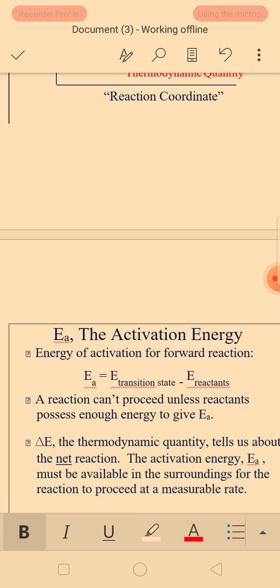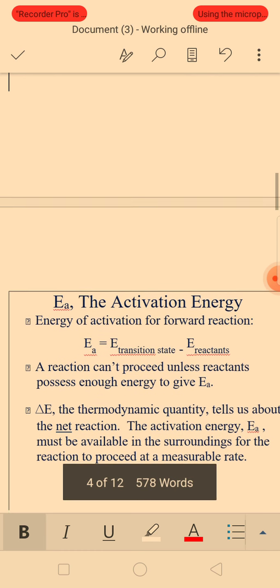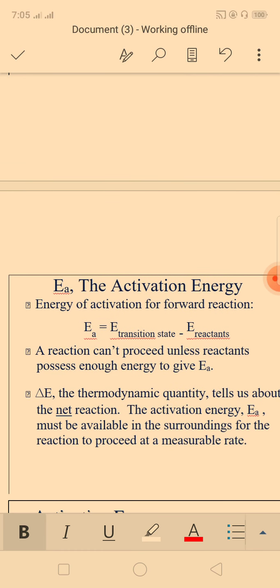A reaction cannot proceed unless the reactant possesses energy equal to activation energy. It is a very important condition for any reaction. Again listen, a reaction cannot proceed unless the reactant possesses energy equal to activation energy.